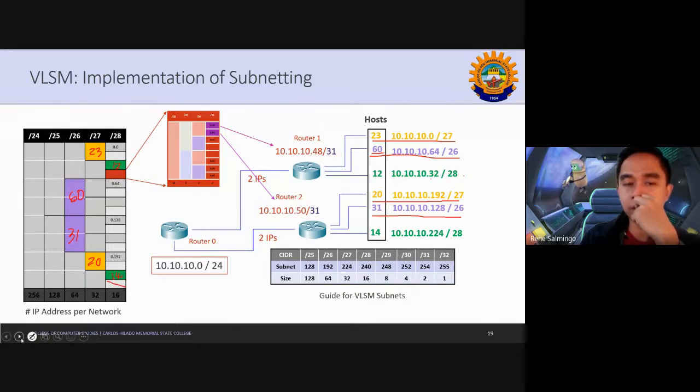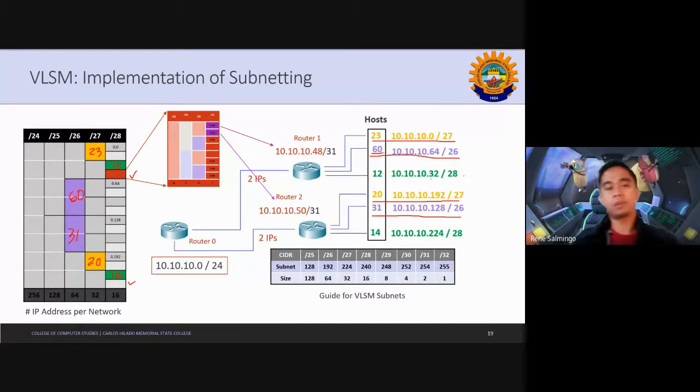So what are the vacant IP addresses? This side is vacant, this is occupied, and also this side is vacant. So you have spare IP addresses. And take note, if you want to allocate only two IP addresses, you don't need to allocate it in the large block, you need to allocate it in the smaller part of IP addresses.